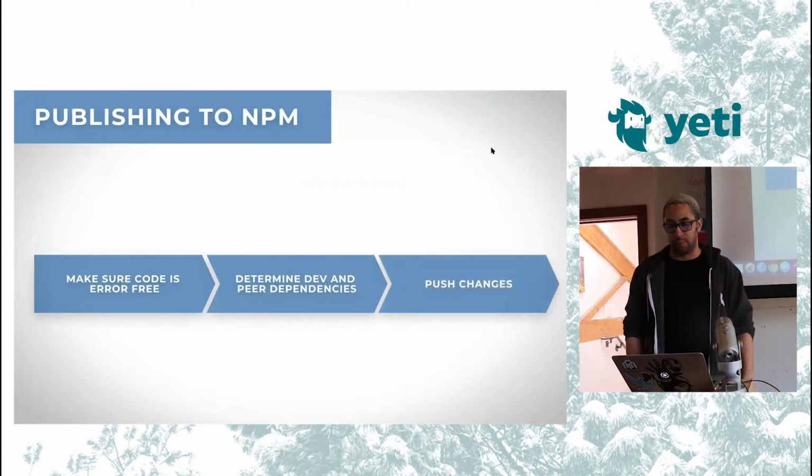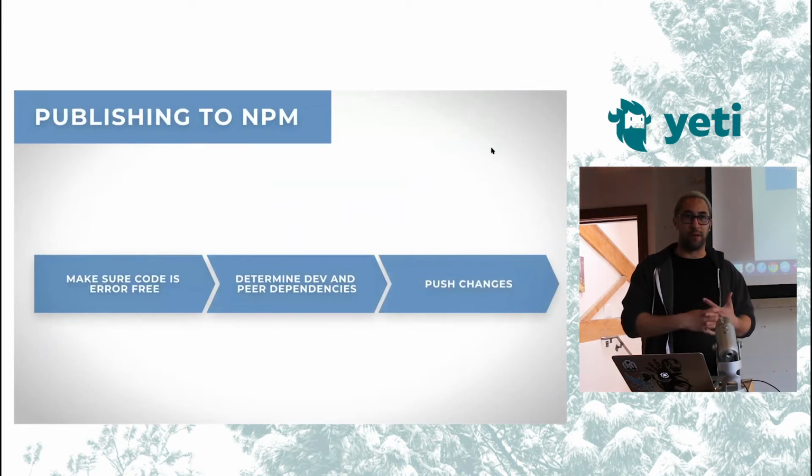Another part is publishing the NPM. That was a little bit more difficult at first because of the nature of how universal I wanted this component library to be. So one of the simplest steps to get this through is just to make sure that your code is error-free, determining dev and peer dependencies, and pushing changes.